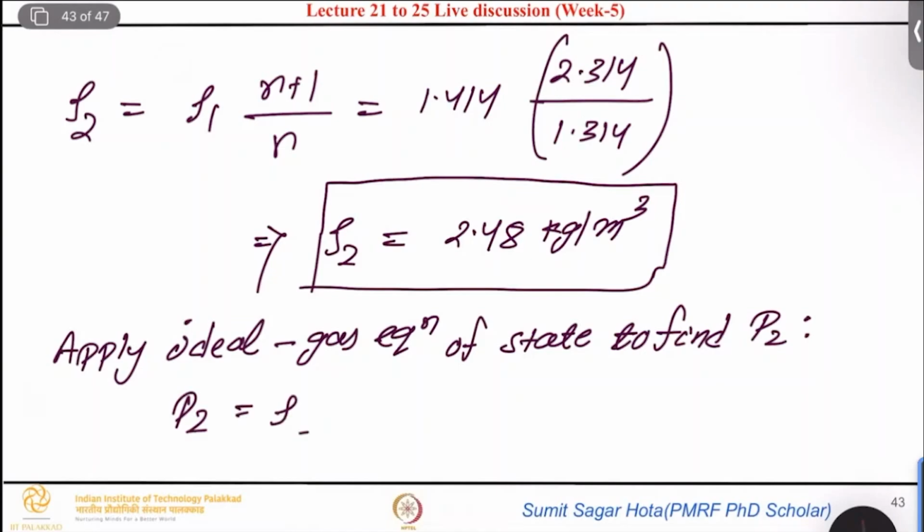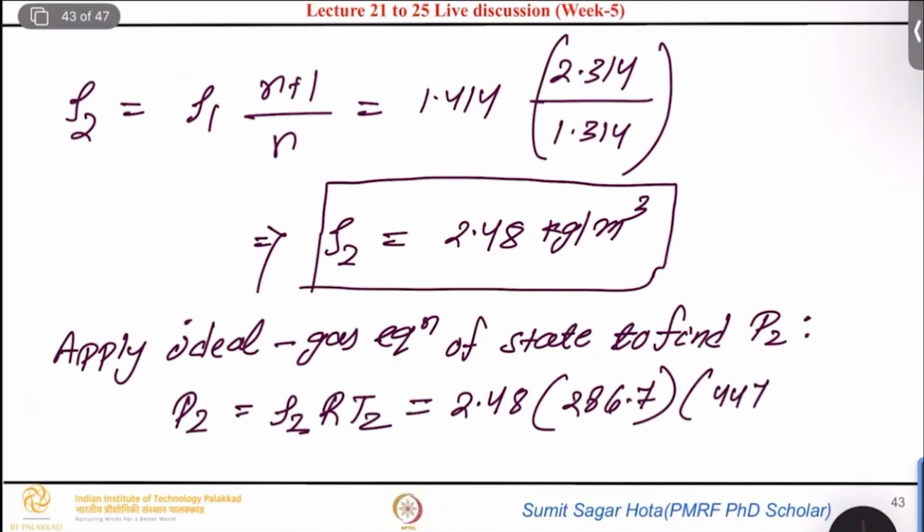P2 is equal to rho 2 R T2, which is 2.48 times 286.7 times 4477. Then the value of P2 comes out to be 3.183 megapascal.